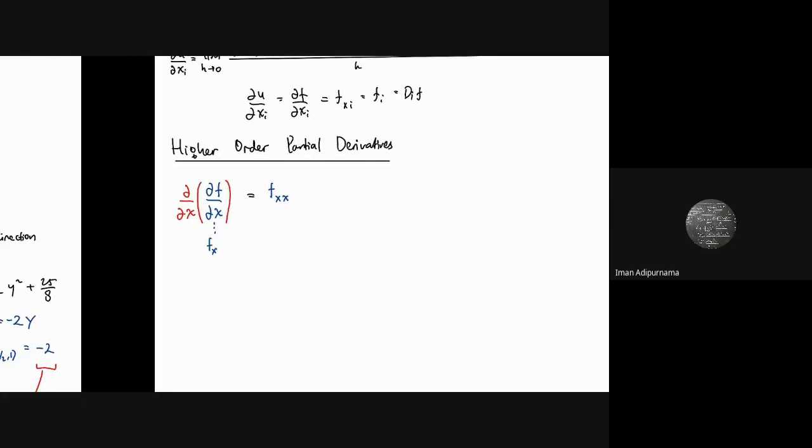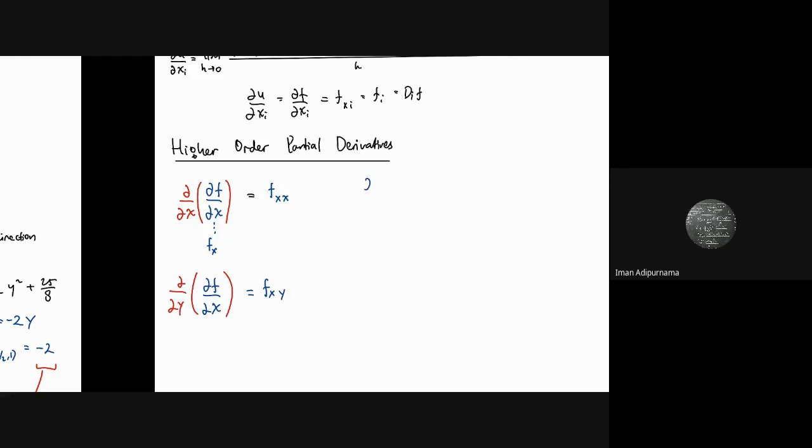If we have fx like that, and we derive with respect to y, this will be fxy. How to write this is the inside function there, and this is the second derivative.